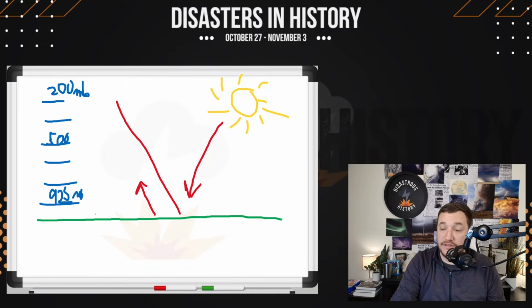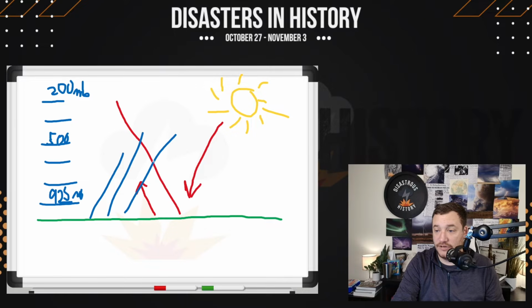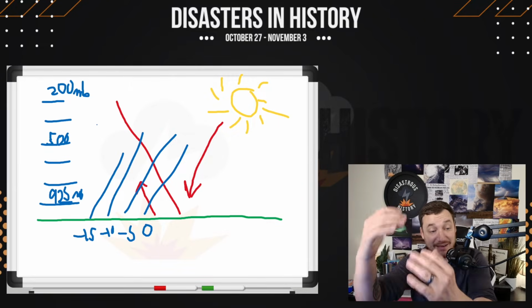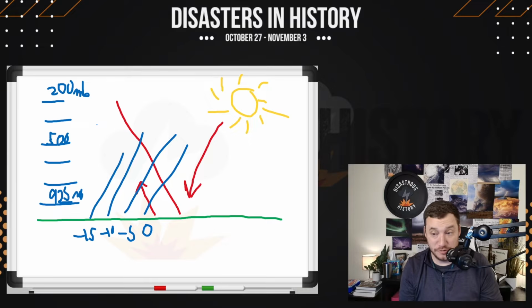At the bottom, you'll have lines that go this direction that are temperatures: 0, -5, -10, -15. This temperature profile goes this direction because as you get higher in the atmosphere it gets colder, since you're not getting that radiant heat up from the ground as usual.